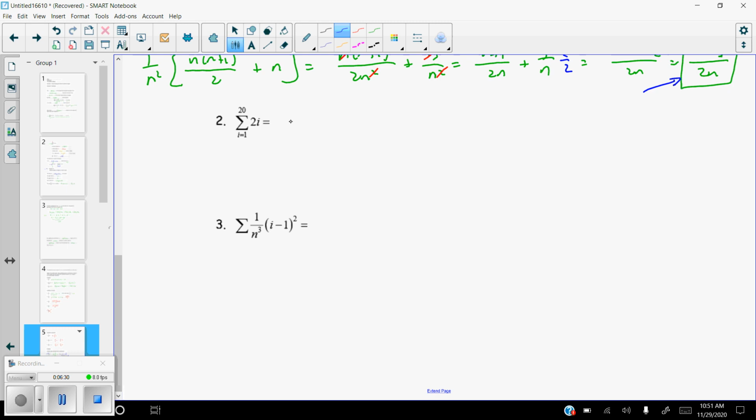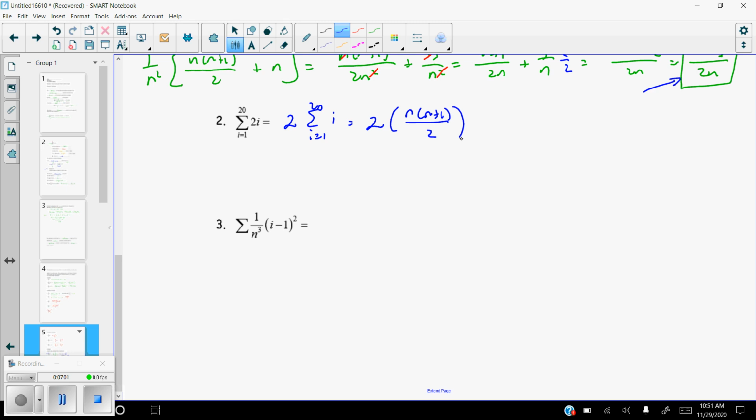So what I can do is rewrite this, pulling the 2 out to the front, and then I know that the sum of i from 1 to n is going to be n times n plus 1 over 2. That's the sum of the first n terms.